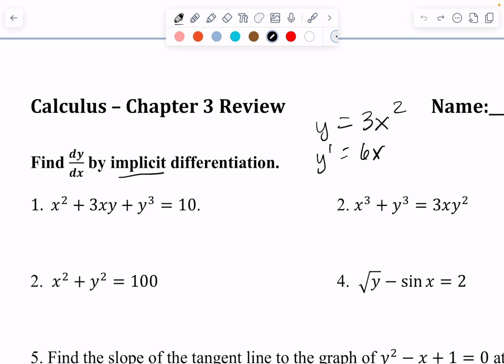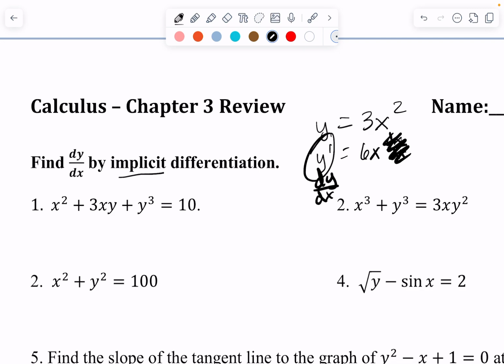So we start using dy dx, and then this technically would be 6x dx, but dx dx goes away, so that's why we only have 6x on the right side, okay?